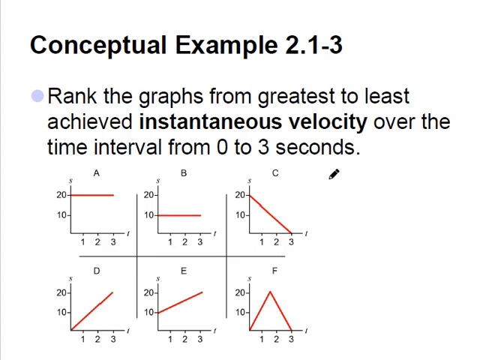All right, so the next question is your conceptual example 2.1-3. When you look at it, we have to rank again, from the greatest to the least, but this time we're going to concentrate on the instantaneous velocity, and of course the same time interval, 0 to 3 seconds.